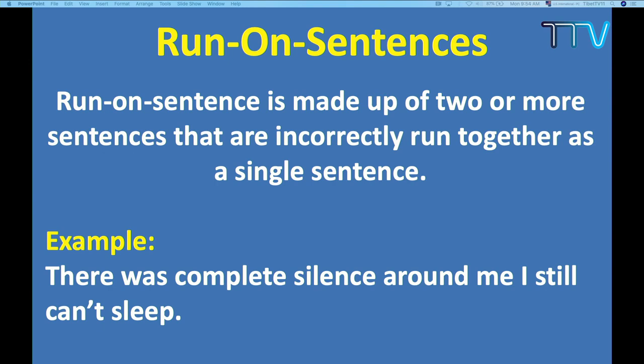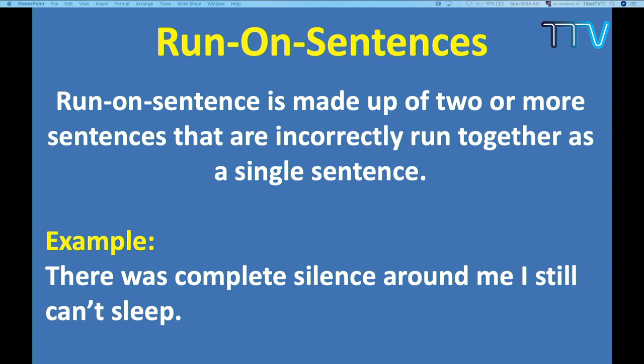Now let us look at what we mean by run-on sentence. A run-on sentence is made up of two or more sentences that are incorrectly run together as a single sentence. Whenever you submit your assignment, a paragraph or essay or diary, the teachers will edit your work.